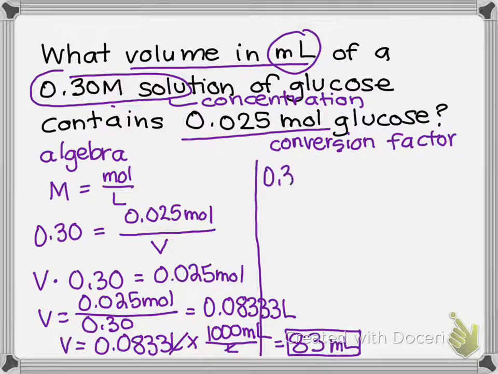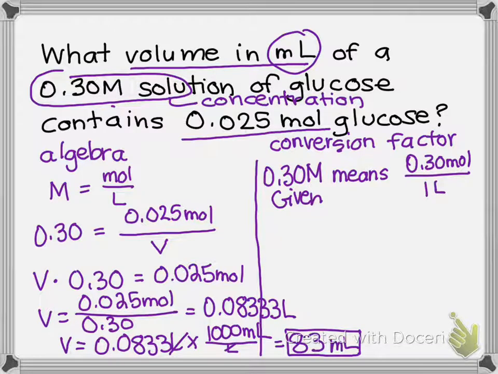So when I see this, what it means is I have 0.30 moles in 1 liter. That's what this concentration means. Because it's a 0.30 molar solution, it's 0.30 moles in 1 liter. And anytime I can write something with a numerator and a denominator, I can use this as a conversion factor.